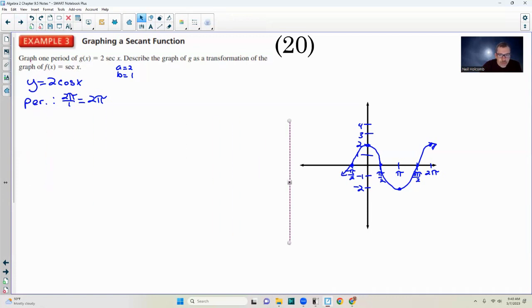Okay, so there's going to be an asymptote at odd multiples of pi over 2: 3 pi over 2, -pi over 2. Okay, so there's our asymptotes right there. And now remember, it's an inverse, so it's going to be reflected over.